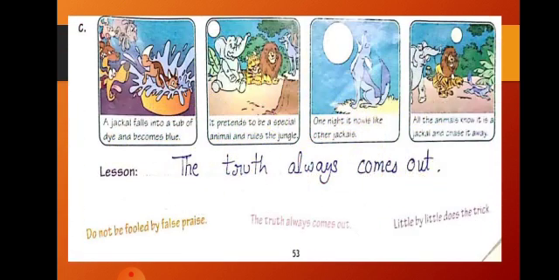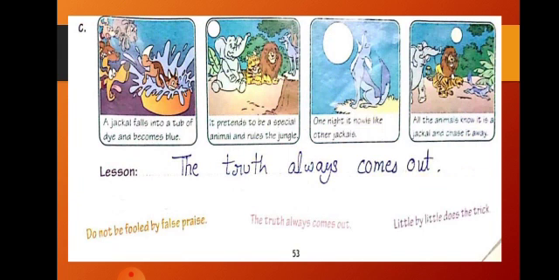Now see the next fable. A jackal falls into a tub of dye and becomes blue. Now the jackal pretends to be a special animal, and he started ruling over the jungle animals.